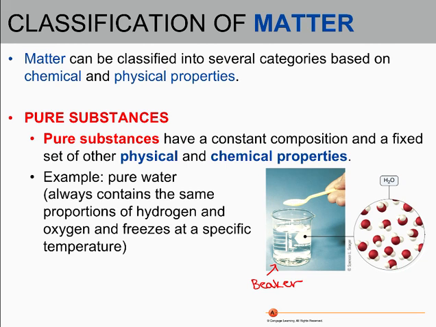So it always contains the same proportions of hydrogen and oxygen. And it will freeze at a specific temperature, it will boil at a specific temperature, so nothing varies within that liquid. So it is a pure substance.